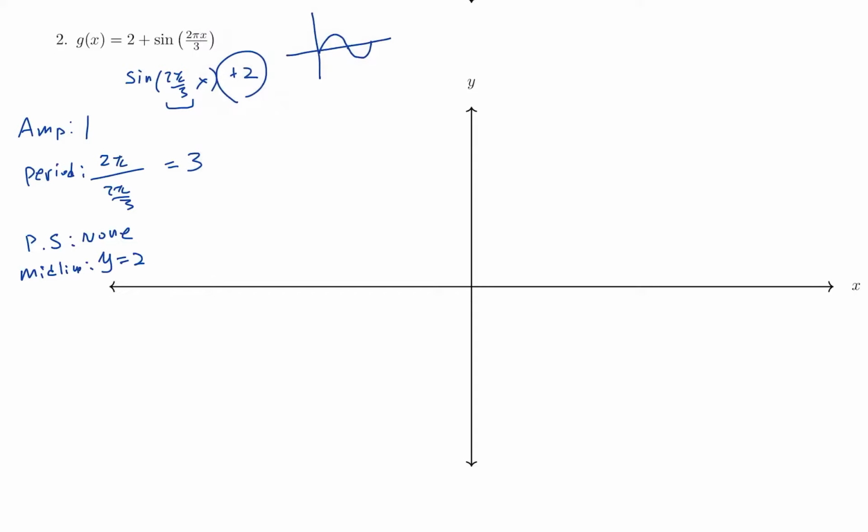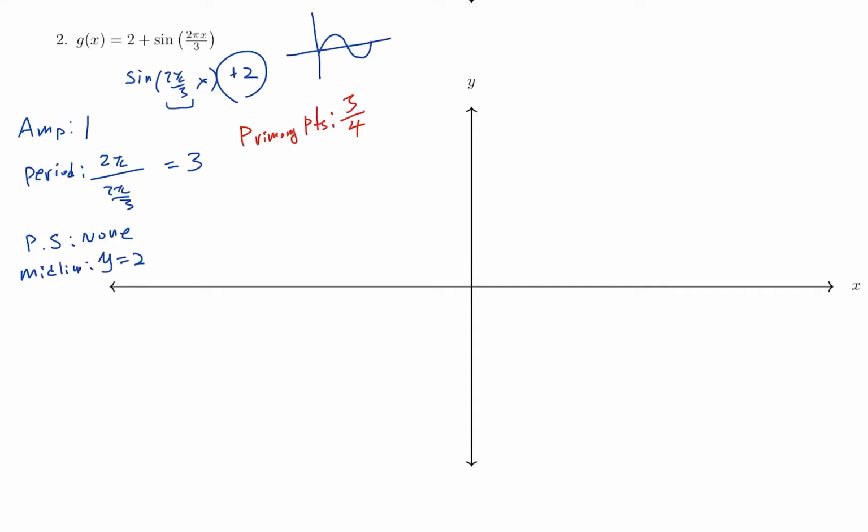So now let's similarly find the primary points. Let me just write primary points. It's always the period, in this case 3, divided by 4. So in this case, just 3 over 4. What does that mean?